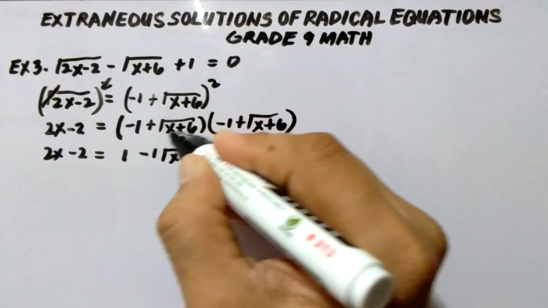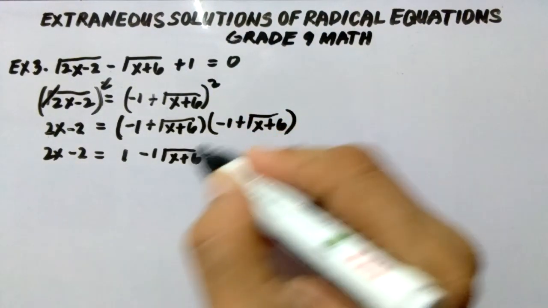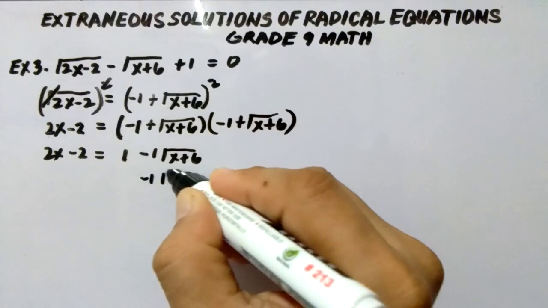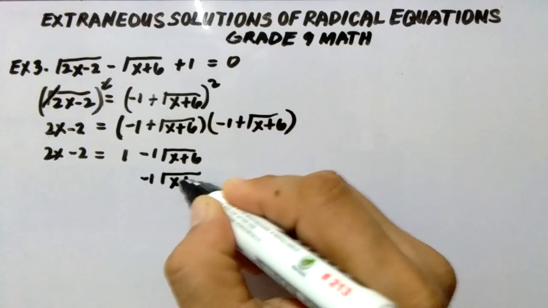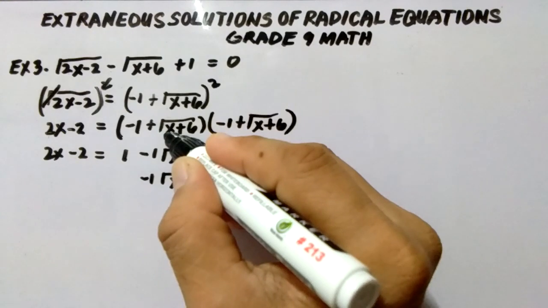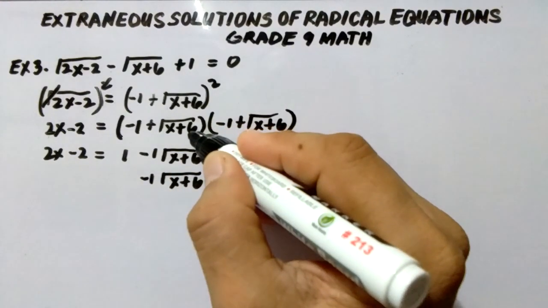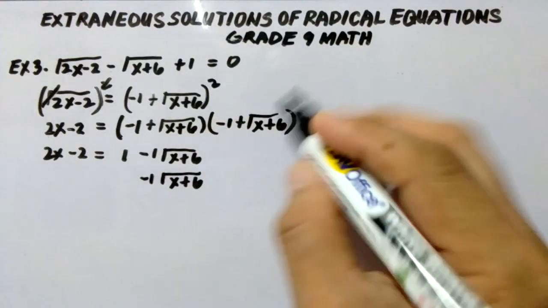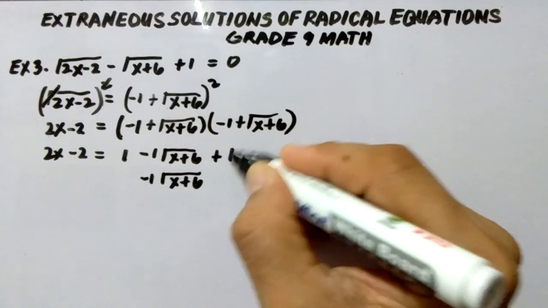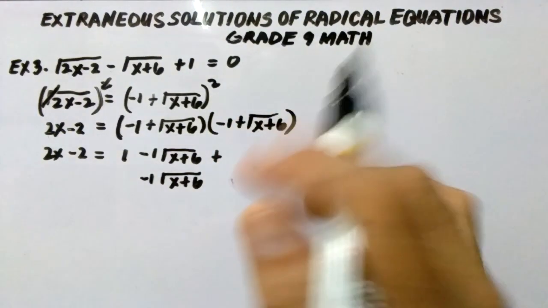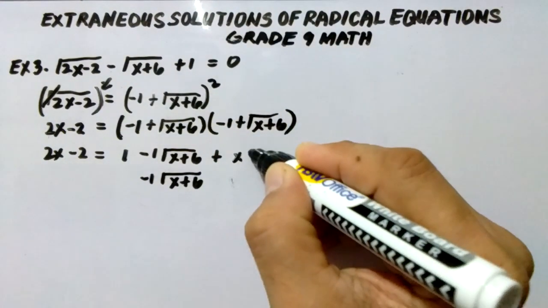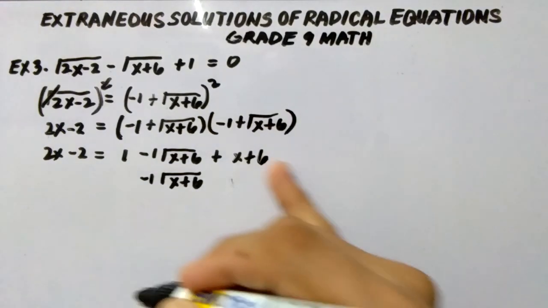Then square root of x plus 6 times negative 1, that is negative 1 square root of x plus 6. Then square root of x plus 6 times square root of x plus 6, that is positive x plus 6.